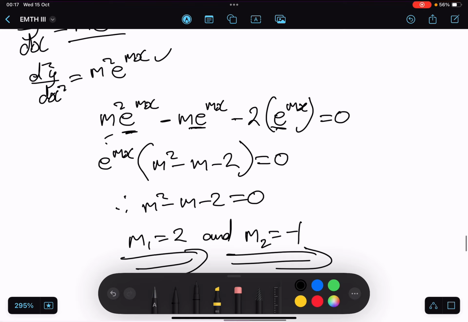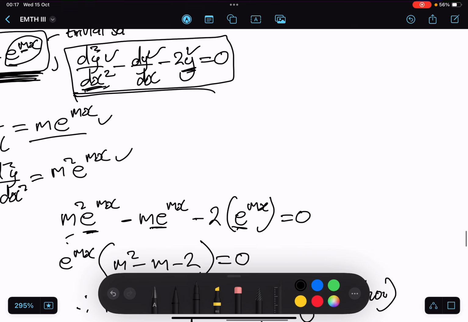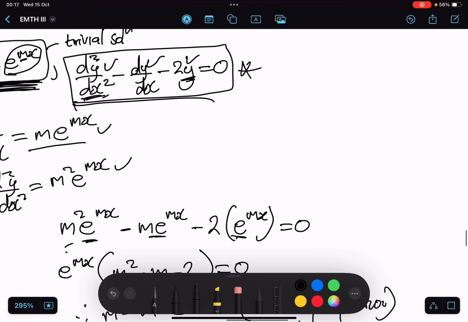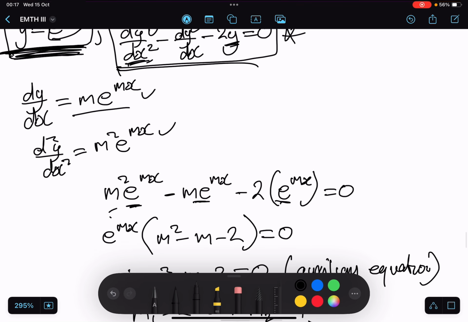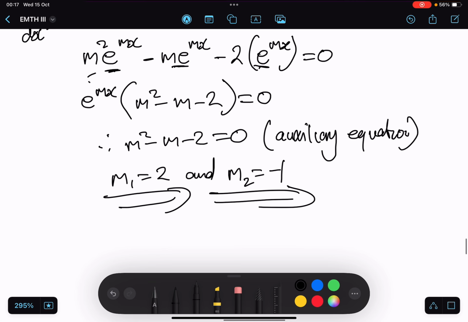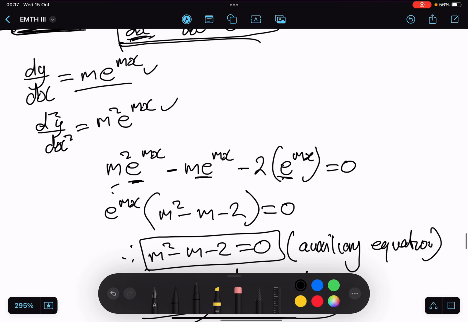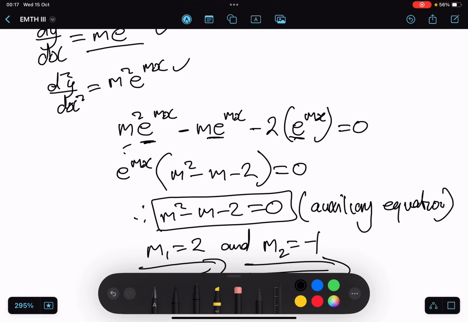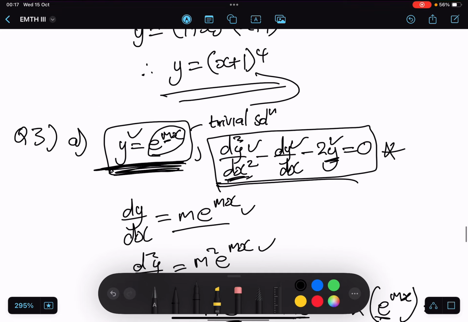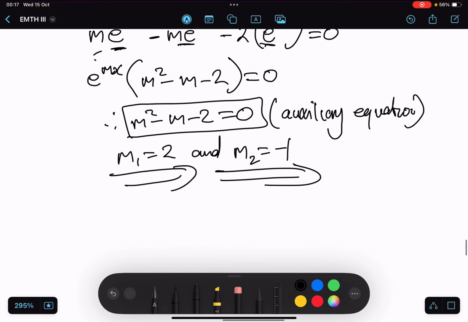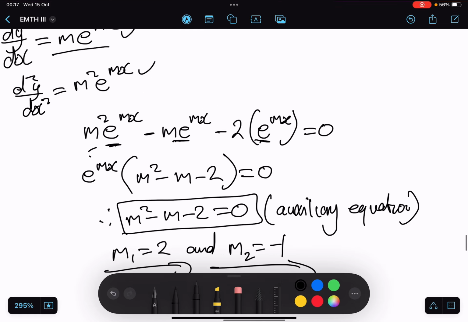Also, this is actually the auxiliary equation for this second order differential equation. So we can also use this method to find the auxiliary equation. So this is how we find the values of m.